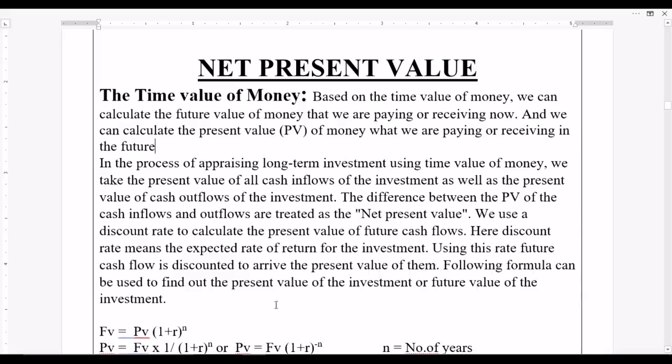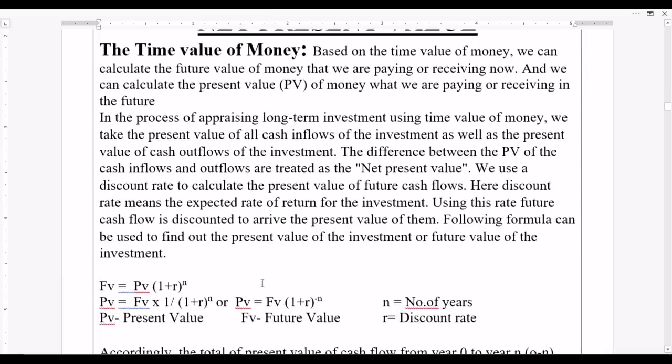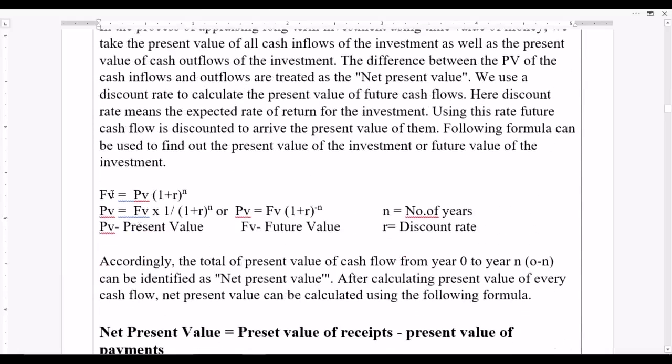The following formula can be used to find the present value or future value of the investment: FV, future value, equals PV, present value, times (1 plus r) to the power n.